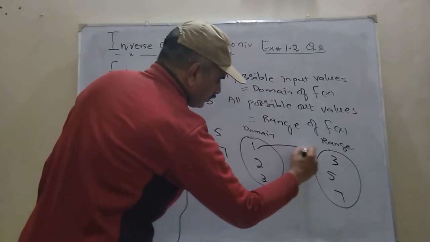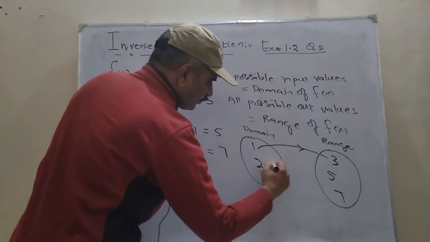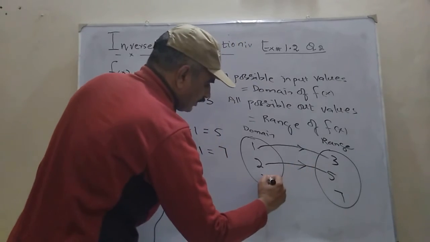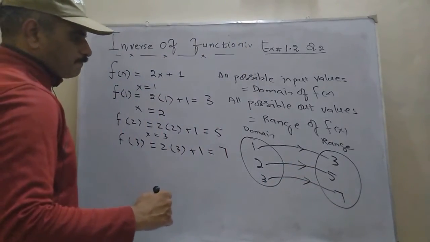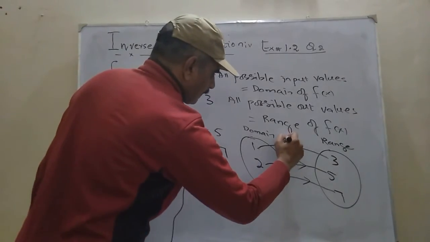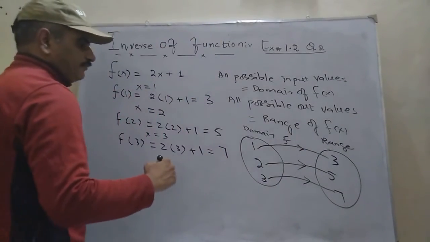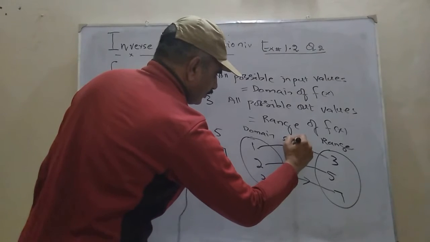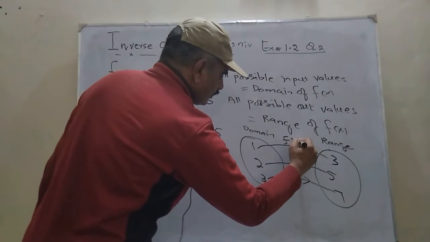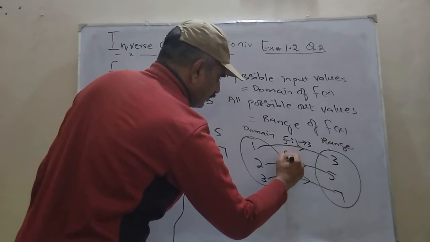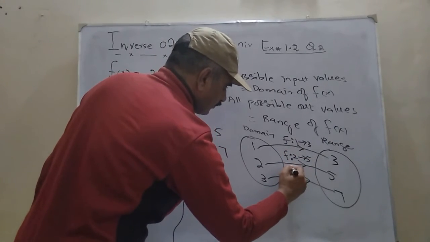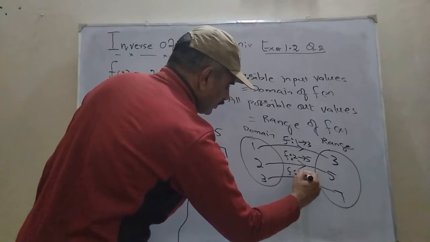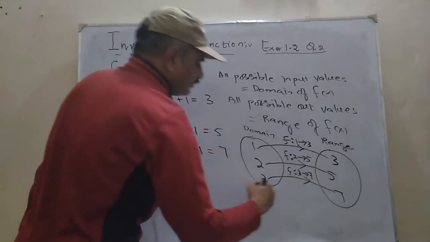For 1 the image is 3, for 2 the image is 5, and for 3 the image is 7.